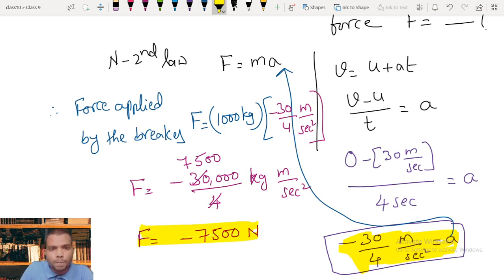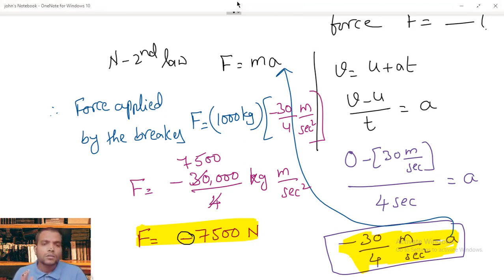Here you are observing a negative sign. The negative sign tells us that the force applied to stop the car is opposite to the acceleration. So finally we conclude that the force applied by the brakes is F equal to minus 7,500 newtons.